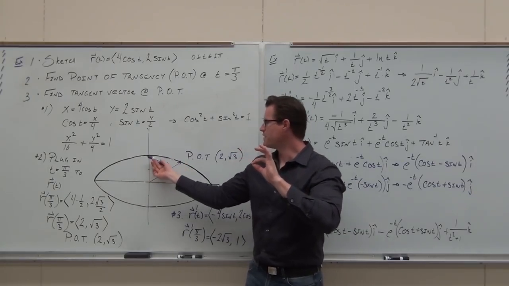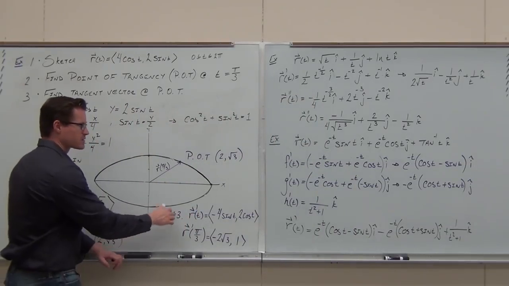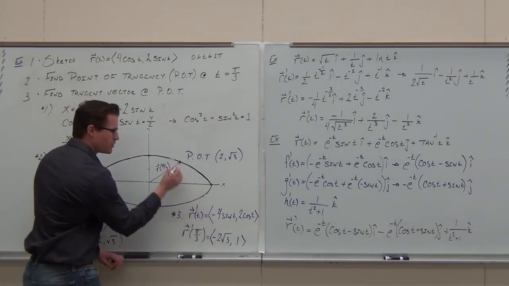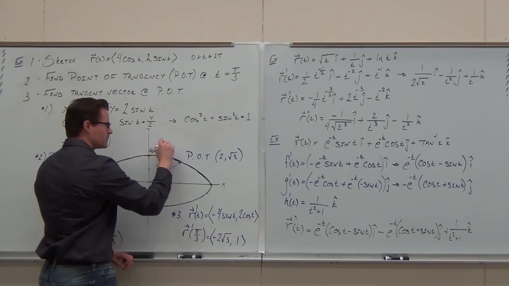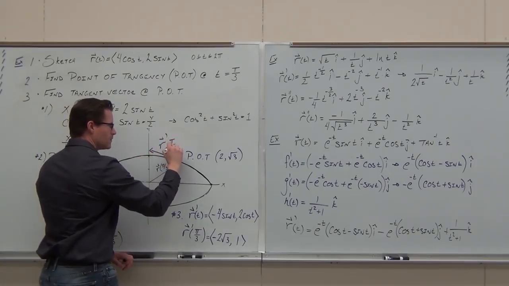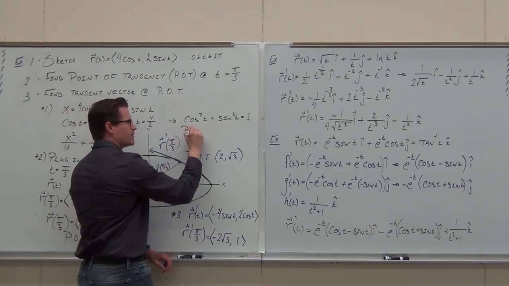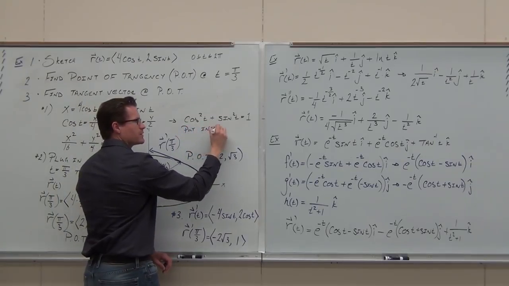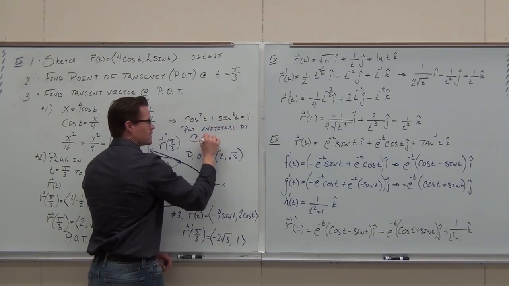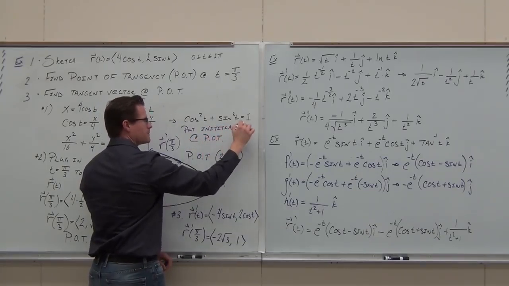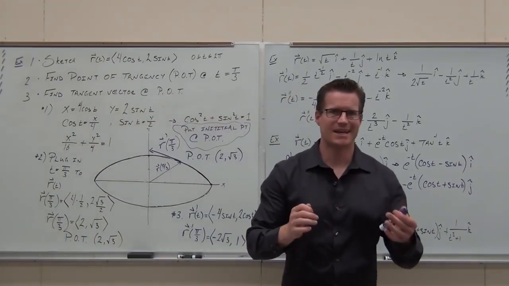If we take this and move that initial point to the point of tangency, put initial point at point of tangency, that right there is a tangent vector.